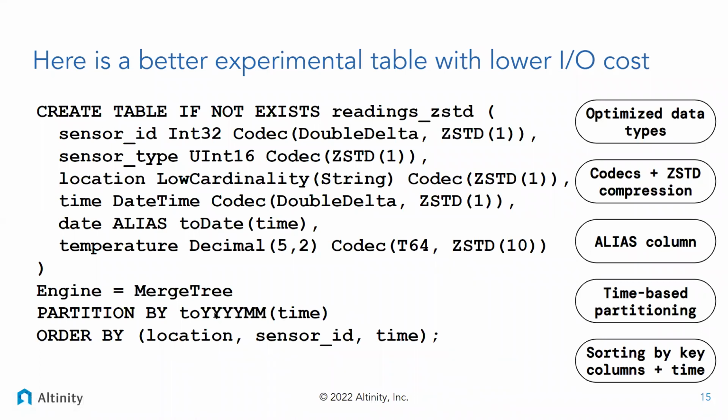This will now cause our data to be broken up into nice blocks that are based on, in this case, month. And then finally, we have an ORDER BY, which is designed to give us the optimal location for data when we're doing queries. If you get this right, it not only makes your queries faster, but it also enables you to use less space because good orderings tend to help with compression.